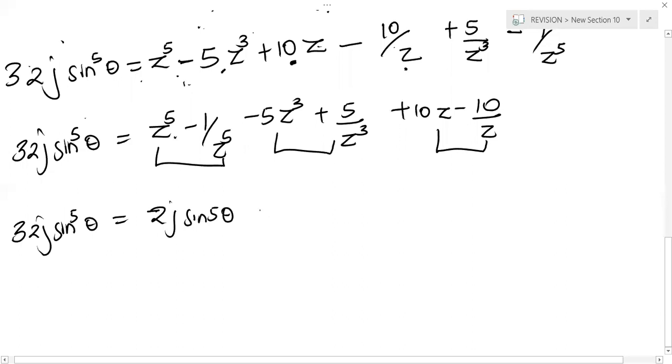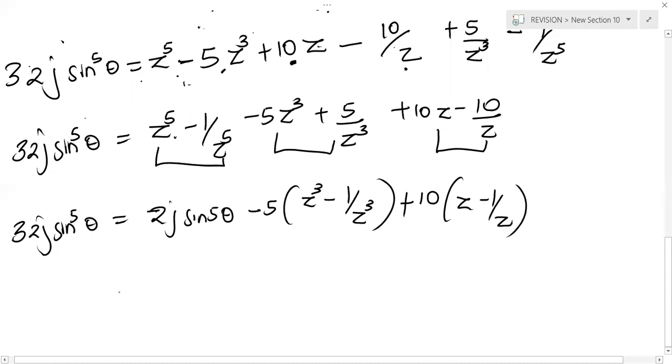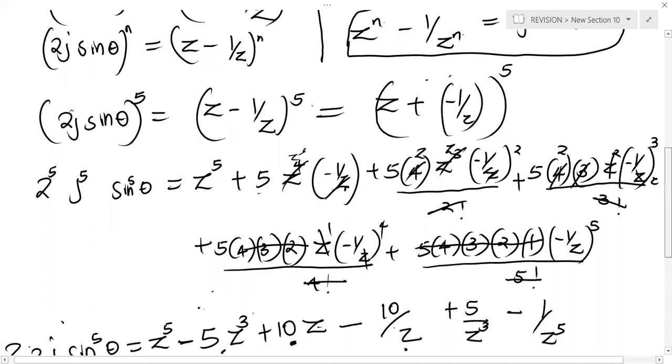And then I can factor out minus 5 here so that I have z cubed minus 1 over z cubed. And here I can factor out, actually I can factor out 10, so plus 10. If I factor out plus 10, I will have z minus 1 over z. So this right here is going to give me z raised to power 3 minus 1 over z raised to power 3.